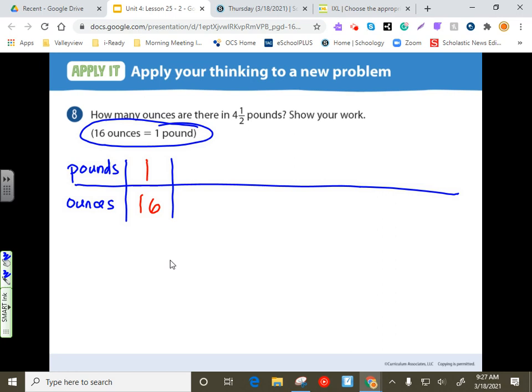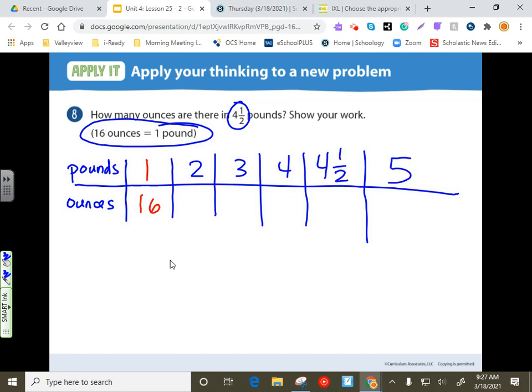So for this one, since we're converting 4.5 pounds, I want to go up to at least 5 pounds. So I've got 2 pounds, 3 pounds, 4 pounds. Let's call this 4.5, and this last box will be 5. So let's fill in what we know.